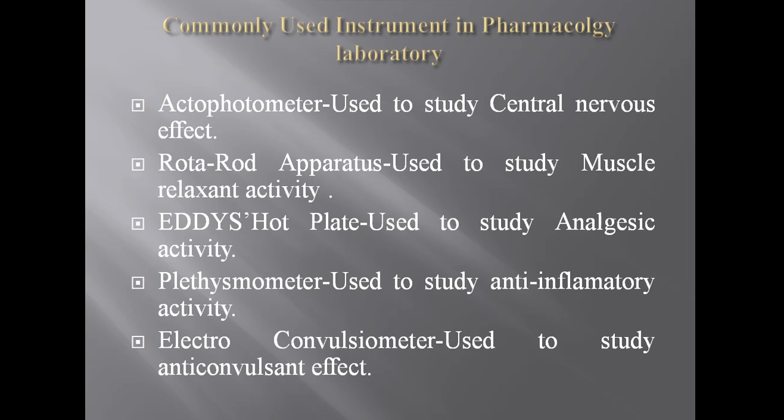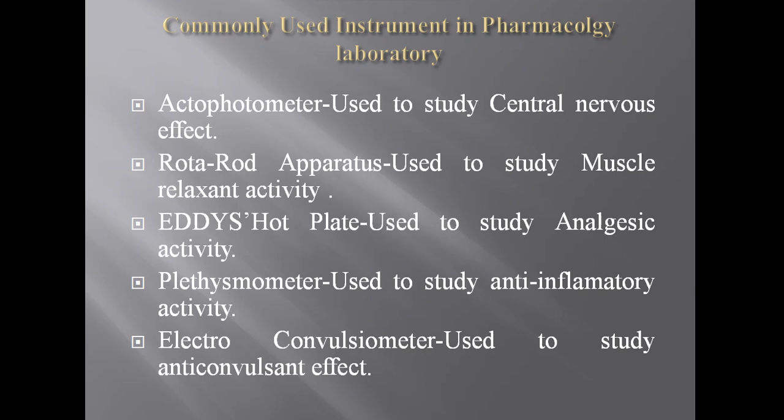Then coming to the convulsiometer, the electroconvulsiometer. It is mainly used to study the anticonvulsant effect in animals or rodents. This apparatus is highly used in the experimental pharmacology lab. It is used for applying maximal electroshock through the corneal electrodes provided.